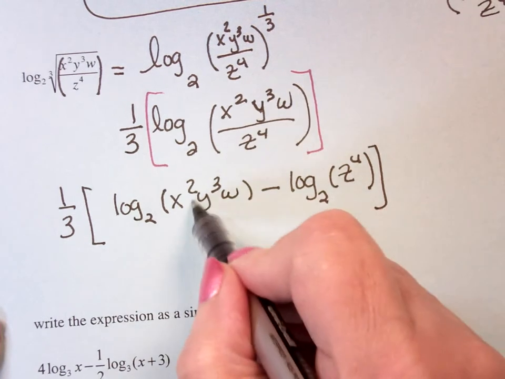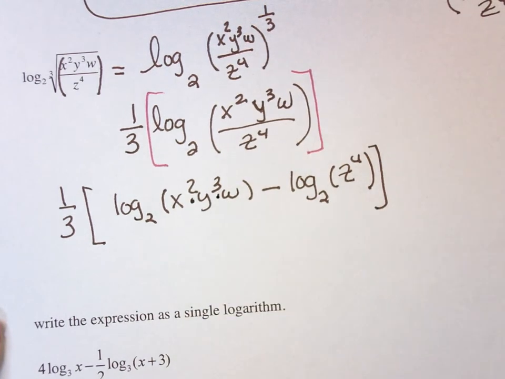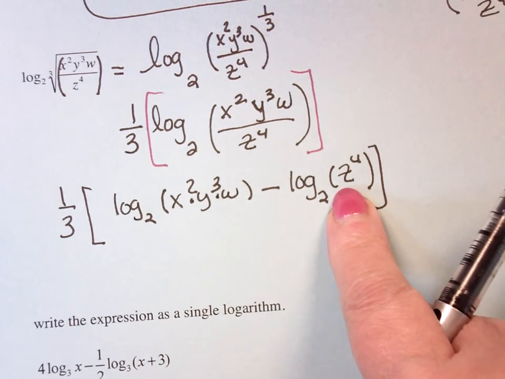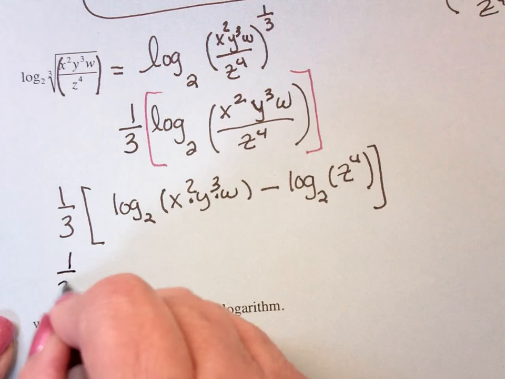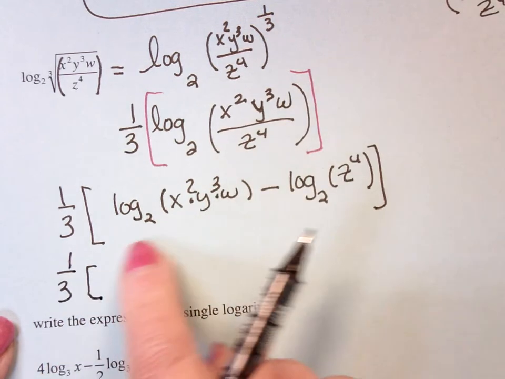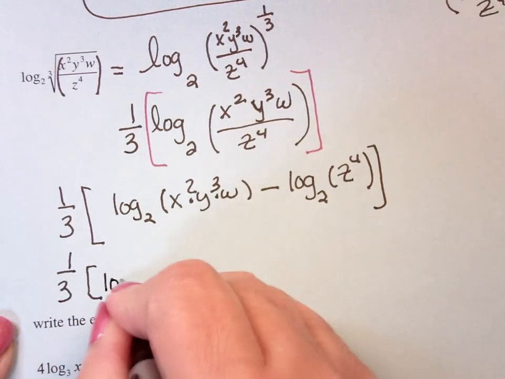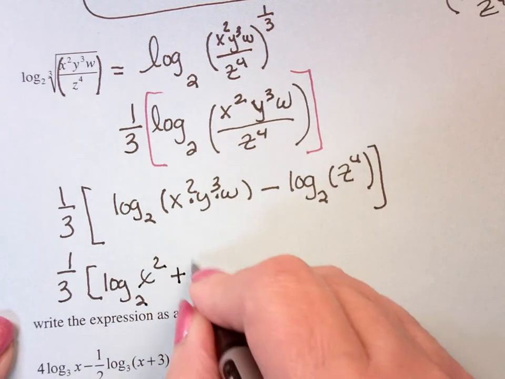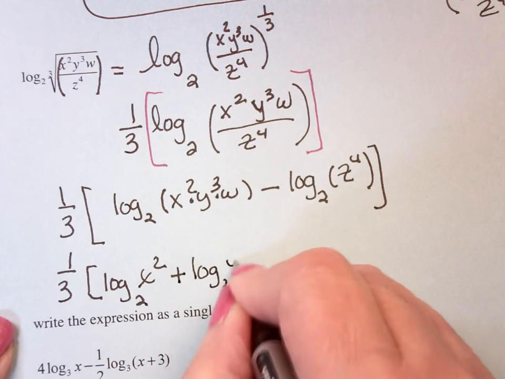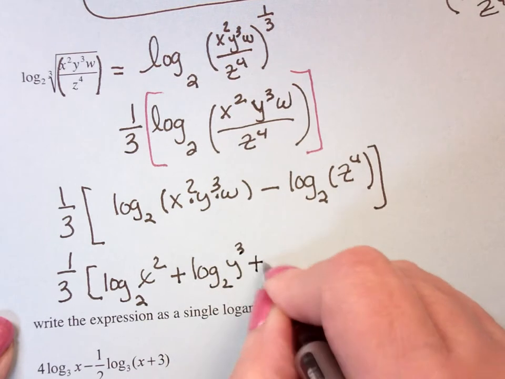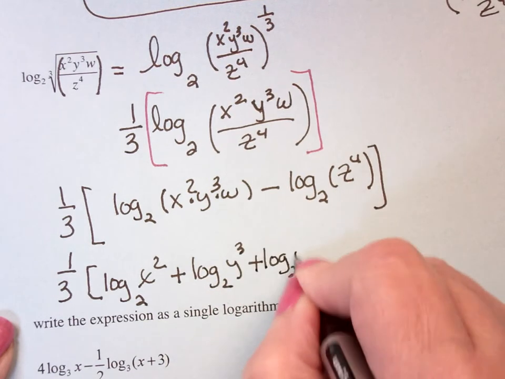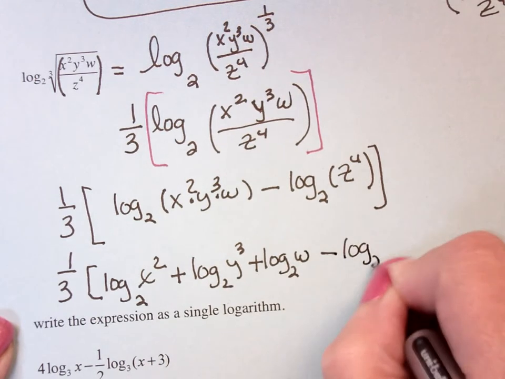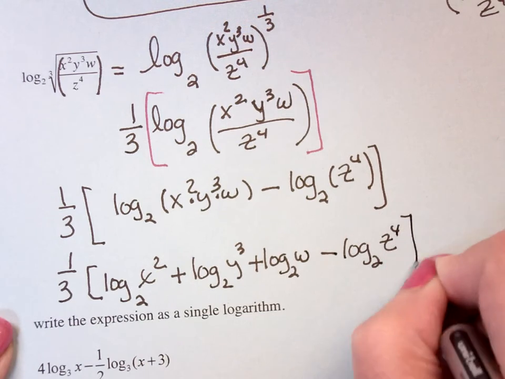Now I've got the product of three things. Product turns into a sum. And there's this guy who just has an exponent. So this becomes 1/3, and this breaks into a sum: log base 2 of x squared plus log base 2 of y cubed plus log base 2 of w minus log base 2 of z to the 4th.